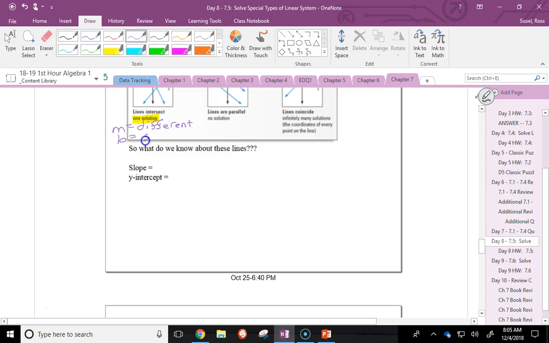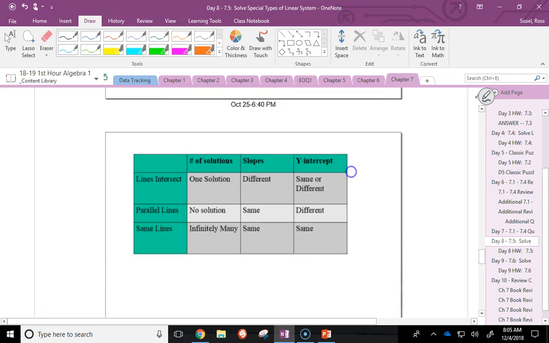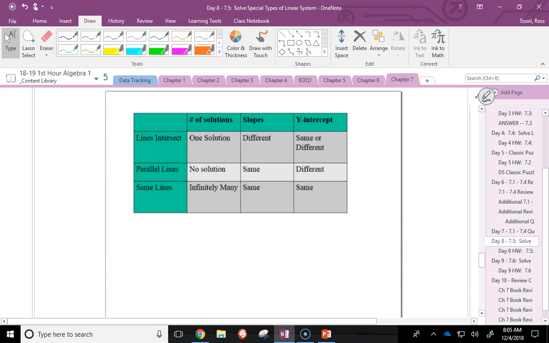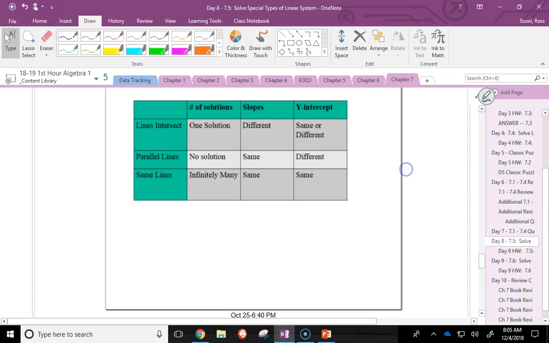So it can be the same or different. Let me make sure I don't have it something else. Oh, I do. Fantastic. I'm doing extra work that I don't need to. Alright, so one solution: the slopes will be different, and the y-intercept either has to be the same or different.